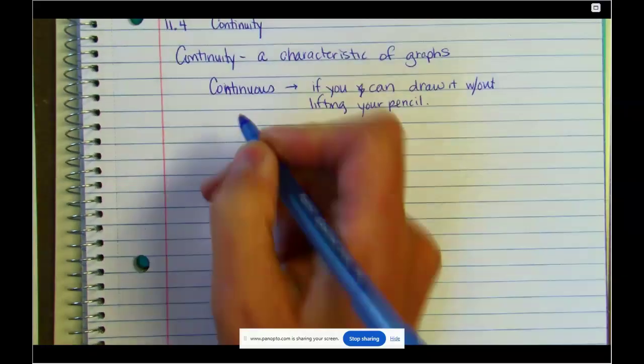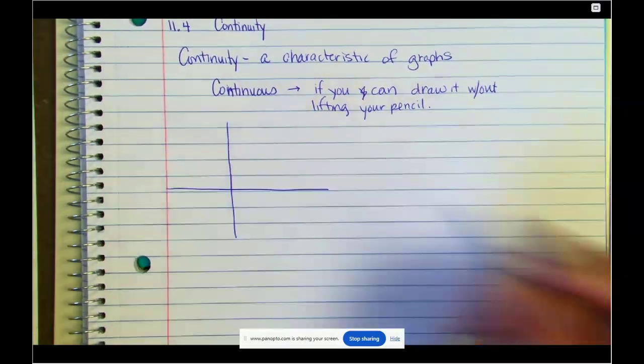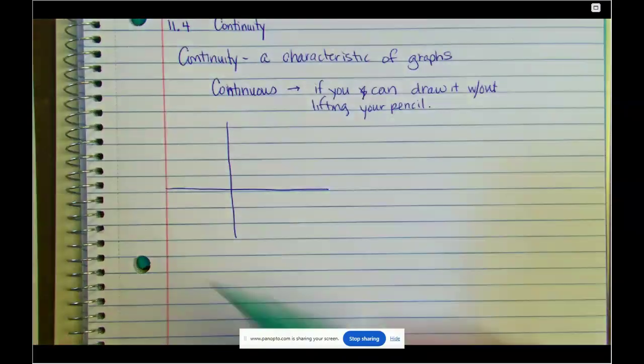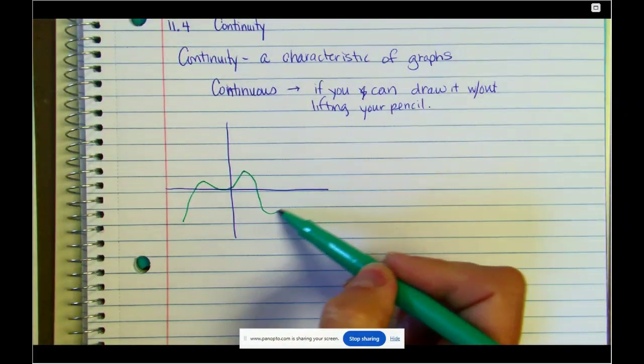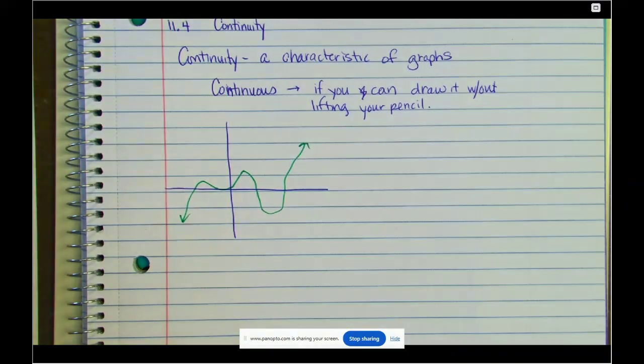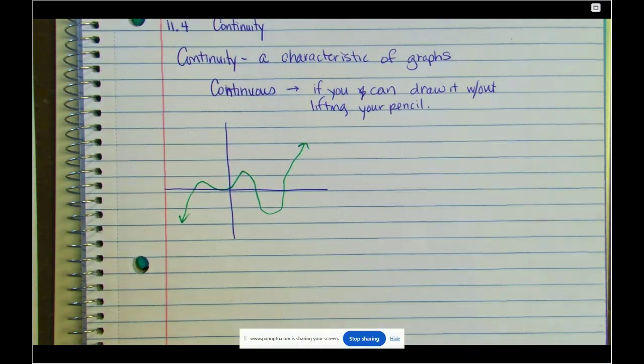Okay, so if you draw a graph and you just pick up your pencil and you're like, hey, whatever, you make your graph, that is a continuous graph because I can draw it without lifting my pencil.